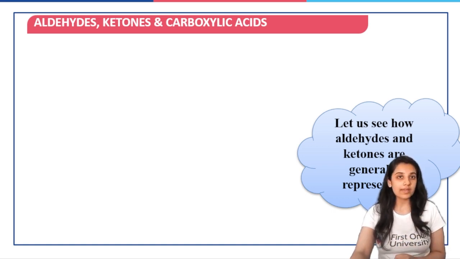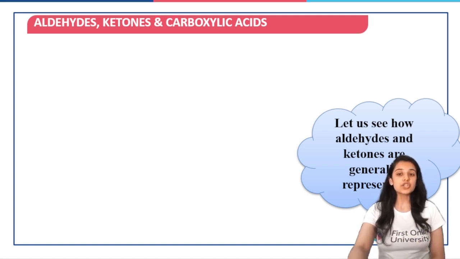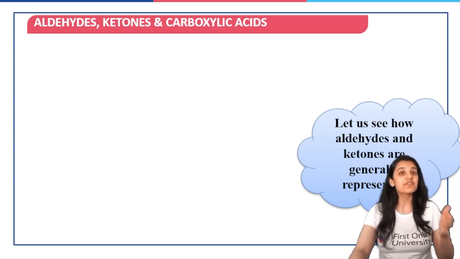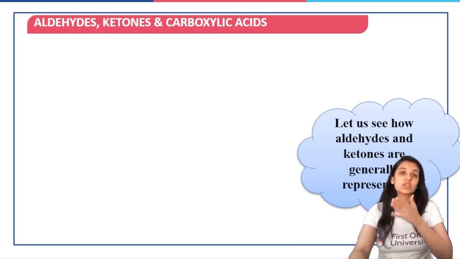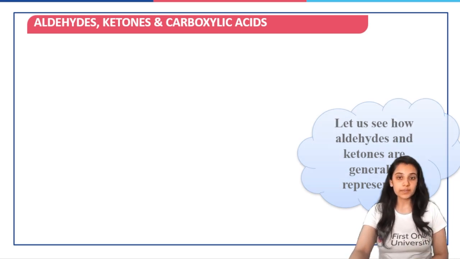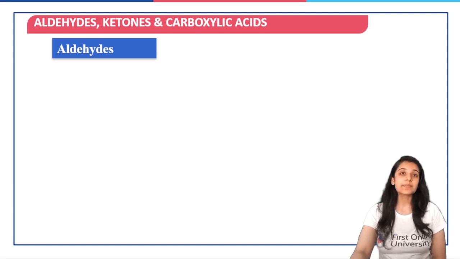One thing that we know is that all these three contain a carbonyl group, that is C double bond O group. But this group is present in three different forms in these three different functional groups. So how do we represent aldehydes?